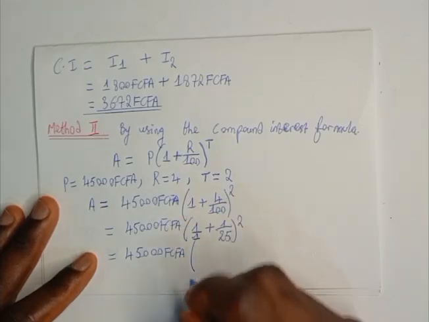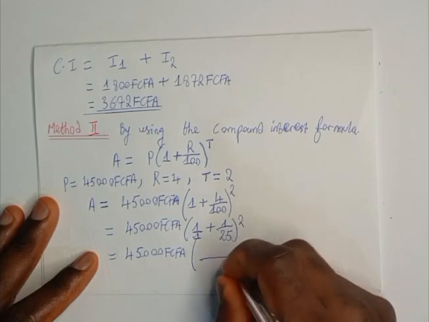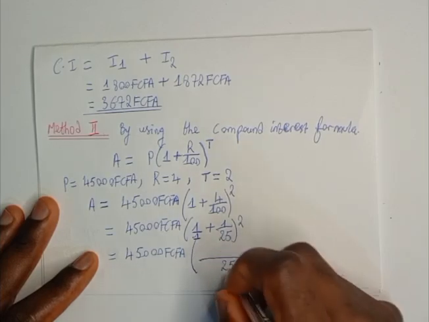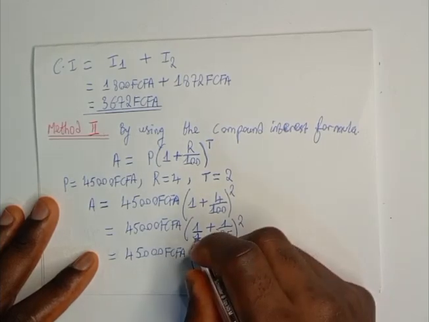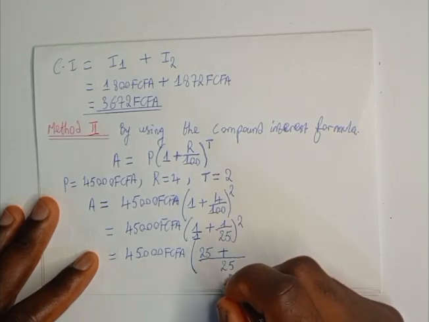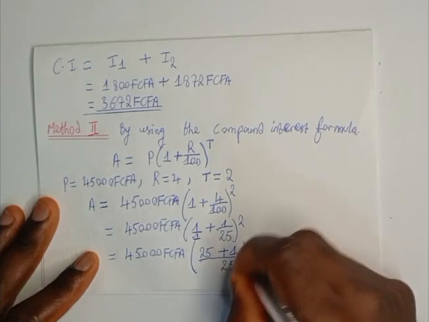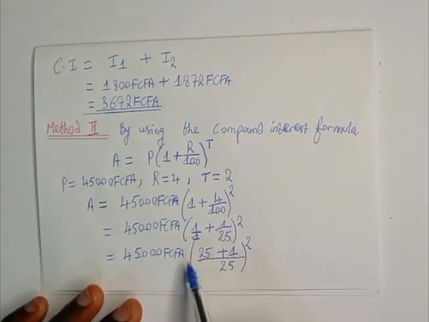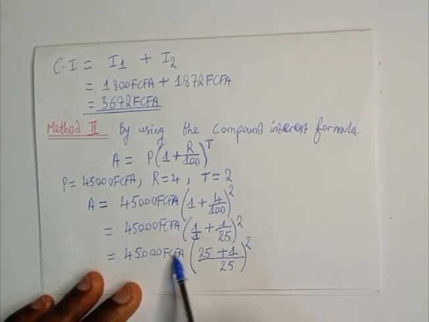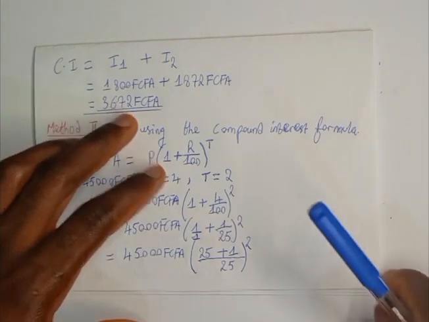Simplifying what we have in the brackets, we find the LCM of their denominators, is 25. 25 divided by 1 gives us 25 times 1, 25, plus 25 divided by 25 gives us 1 times 1 is 1. All this squared. So this will give us 45,000 francs CFA times 26 all over 25, all this squared.